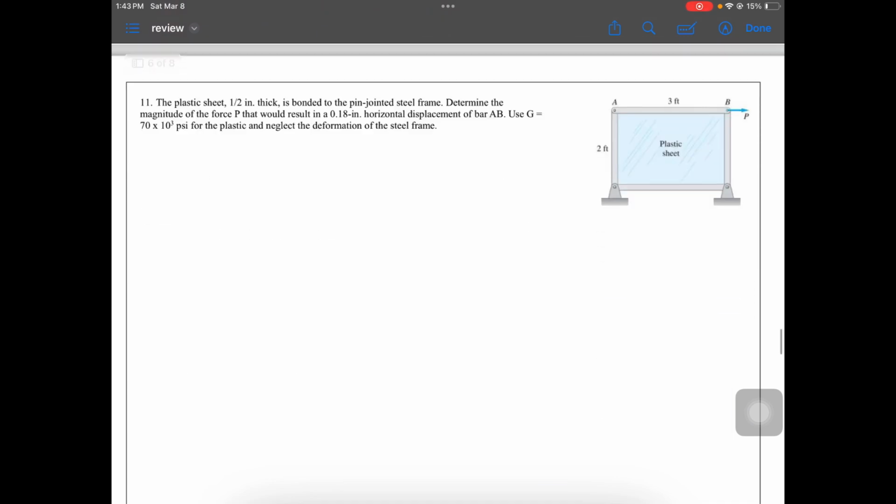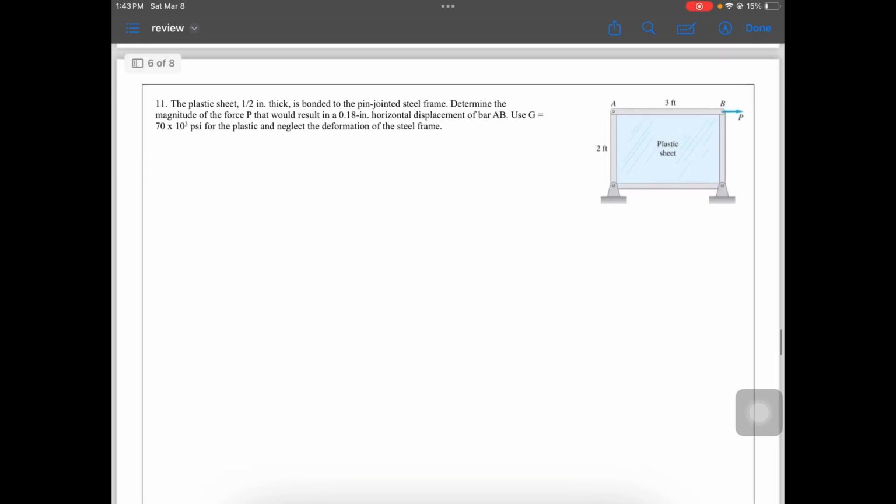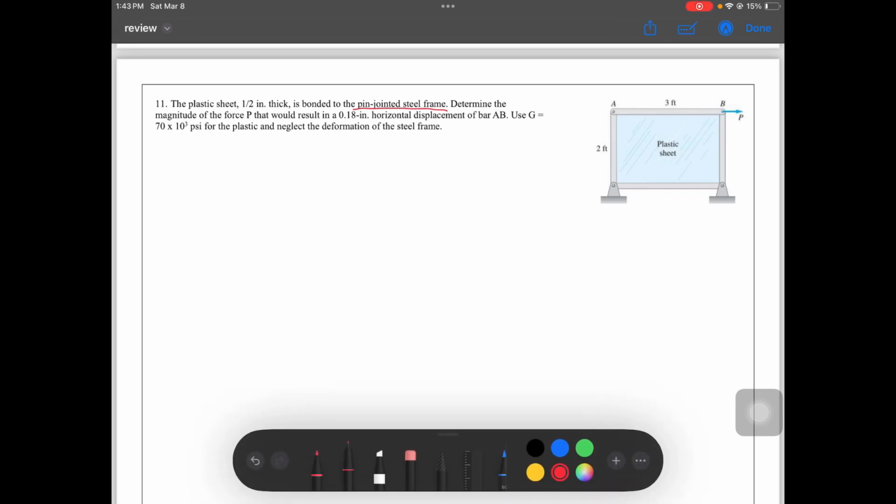So, example number 12, the plastic sheet 1/2 thick. This is the plastic sheet, enclosed in a pin-jointed steel frame. So these are pins, and then the plastic sheet inside. Determine the magnitude of force P that would result in a 0.18 inch horizontal displacement of bar AB.